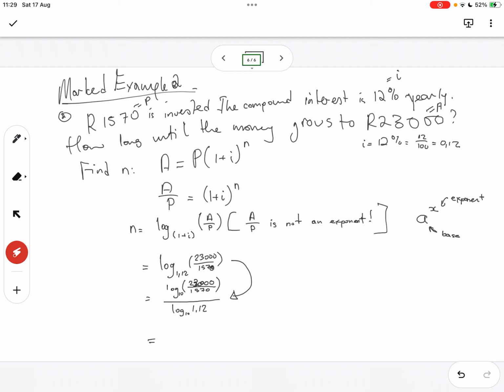This is because in the context of this equation, we are looking for what power would that be so that when we raise this base to that power, we get the 23,000 divided by 1,570.